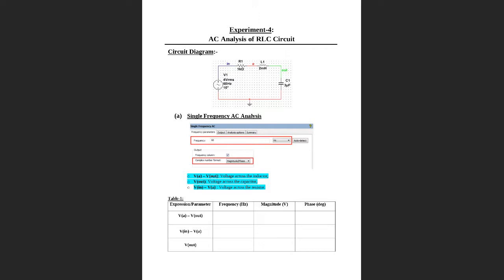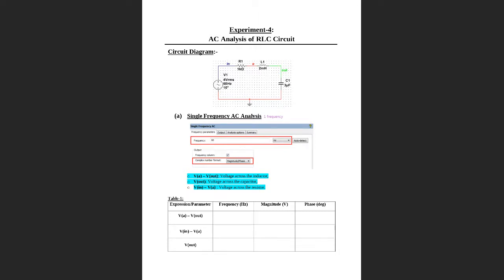Whereas for part B, you will use a particular range of frequency, that is, there will be a start frequency and a stop frequency. For the first type, single frequency, there is only one constant frequency. Is it clear? Yes.